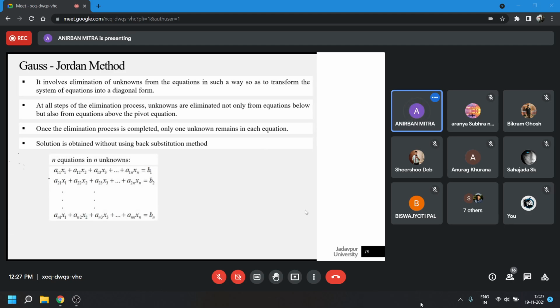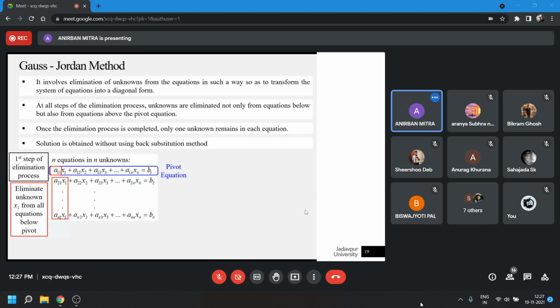So here we have n equations in n unknowns. This is the same set of equations that we started with for the Gaussian elimination method. And the first step of elimination would consider the first equation as the pivot equation. So A11 is the pivot element. And we would eliminate x1 from all equations below the pivot.